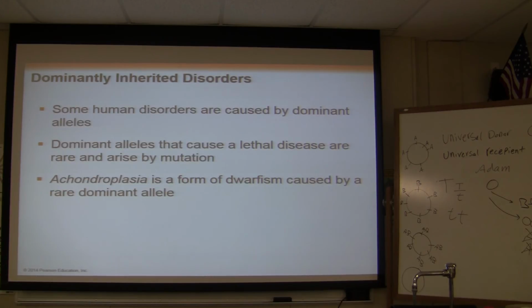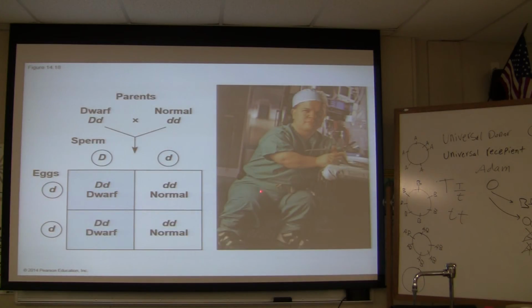But anyhow. Dominantly inherited disorders. Some human disorders are caused by dominant alleles. Dominant alleles that cause lethal disease are rare and arise by mutation. Achondroplasia is a form of dwarfism caused by rare dominant alleles. Right here, I believe he's a doctor, a surgeon, but he is a dwarf.